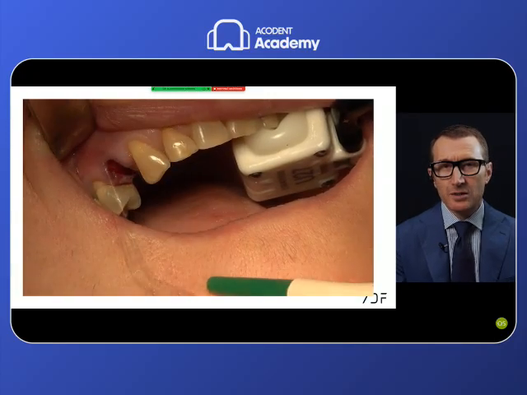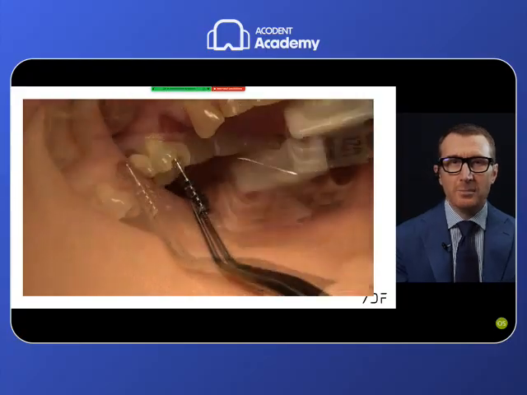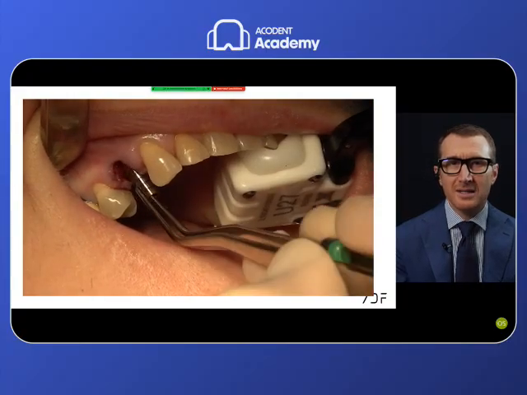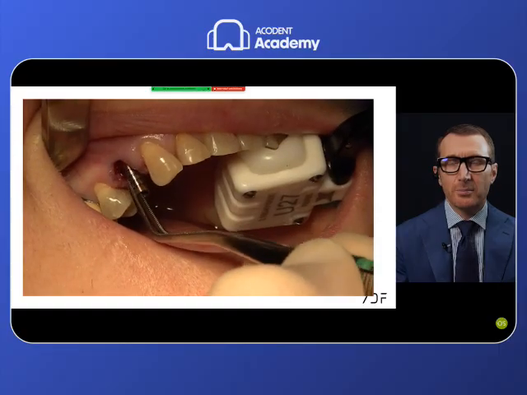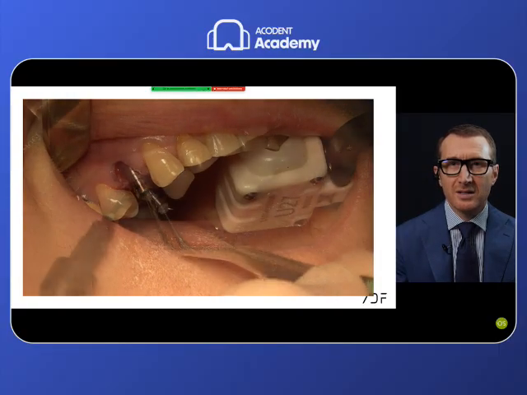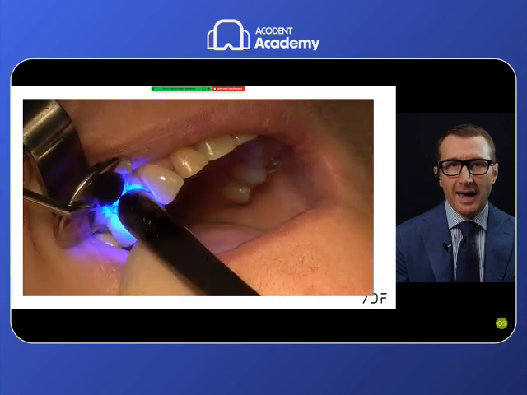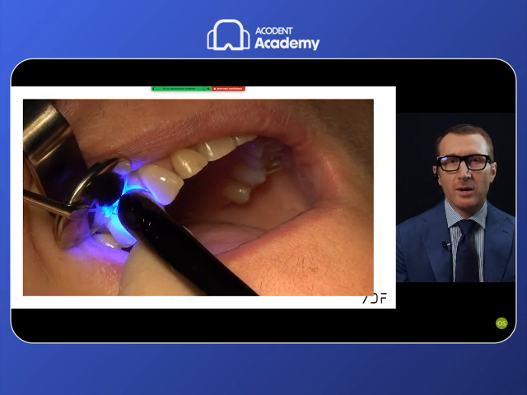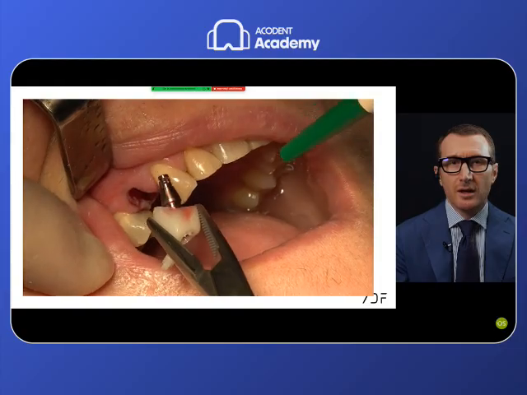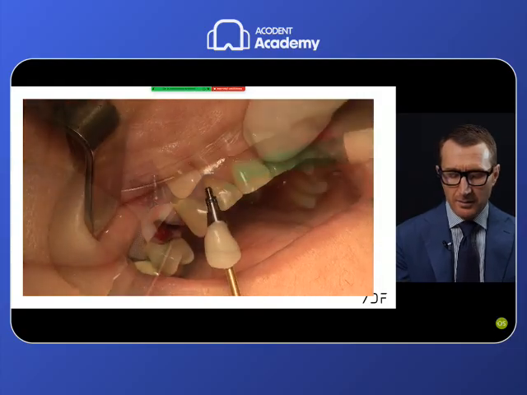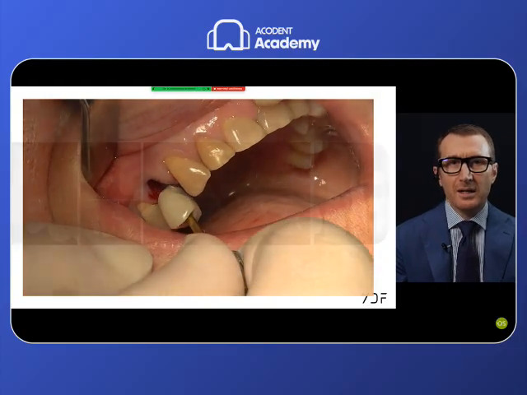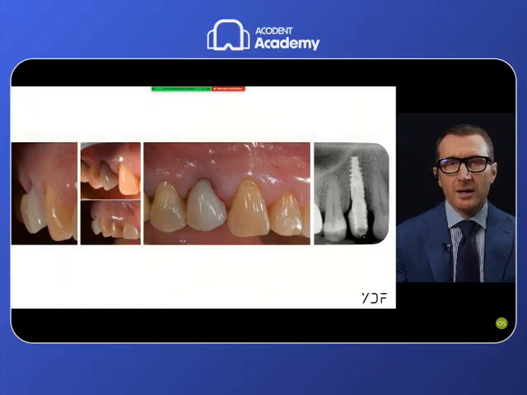But in this case, once again, no graft has been placed, so we just guarantee the presence of the coagulum inside the alveolar socket, and we need obviously to adapt and place a temporary crown to even improve the protection of that coagulum.